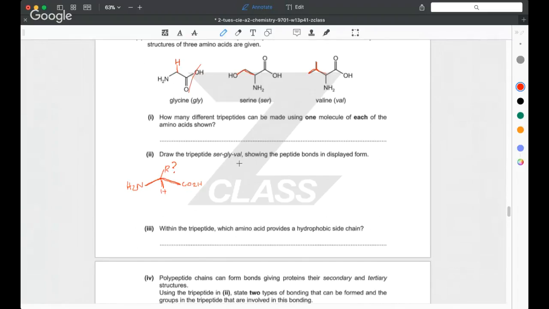And you've got to draw a tripeptide. So the easiest way to do that is to remember you've got this repeating pattern. We'll fill in the side chains later on, but at one end you're going to have the amine group, then you've got that, haven't you? And then that comes down to the carboxylic acid group, and that's going to be forming an amide bond, which then goes down to the next unit, and this is the carbon here that's going to have the side chain.